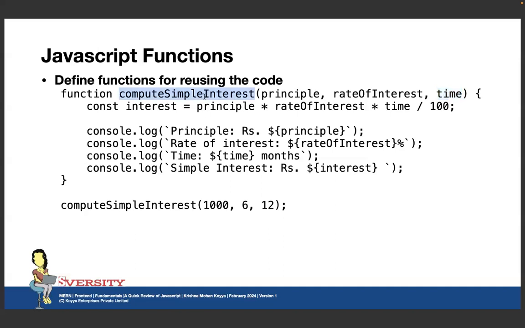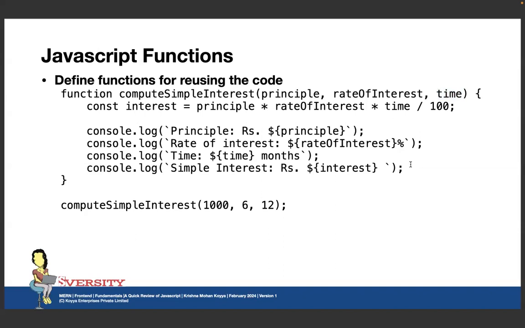So what is the function name? computeSimpleInterest. We typically use camel casing. We don't use hyphens or underscores. Rather, we just create uppercase words when concatenating them. So how do you find the interest? Same formula, and you are printing the results over here. So when somebody calls this function, it computes the simple interest and prints those results.